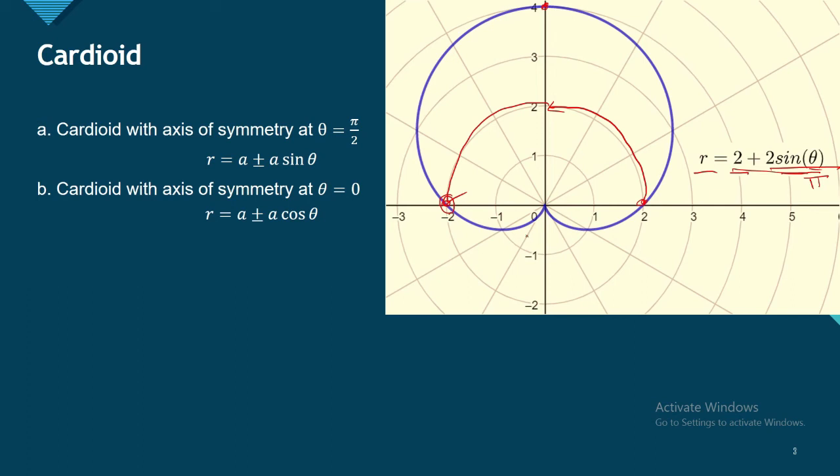Now, if you continue tracing an angle up to 3 pi over 2, sine of 3 pi over 2 is negative 1. 2 times negative 1 is negative 2. 2 plus negative 2 is 0. And so that will bring you to that point. And then continuing your revolution, going to 2 pi, this will bring you to that point.